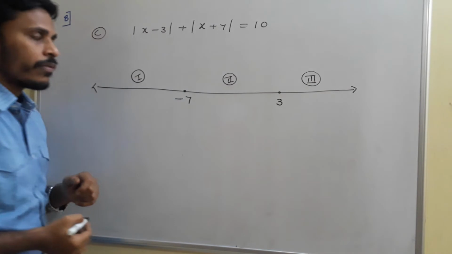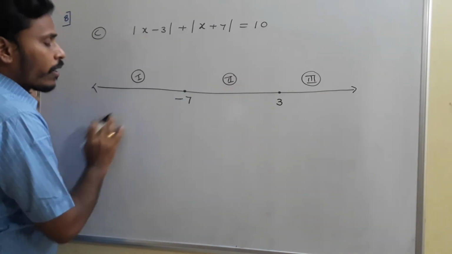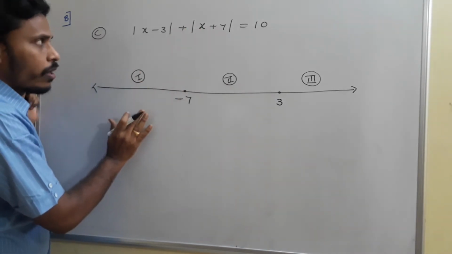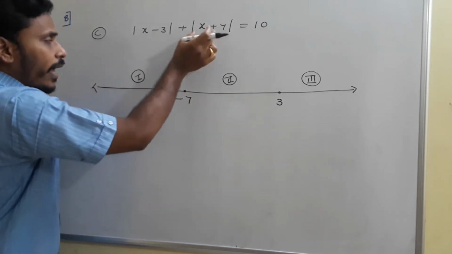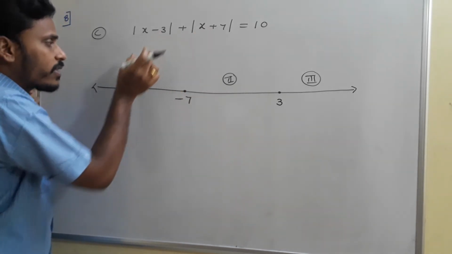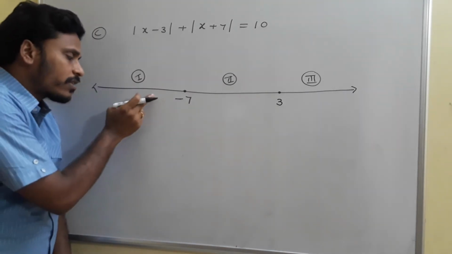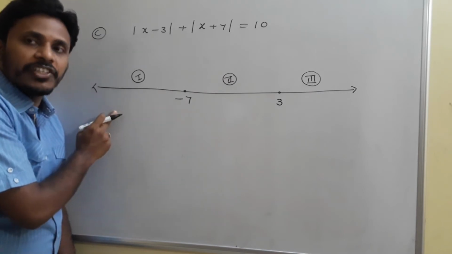As we discussed in the last class, in this region, the value corresponding to x plus 7 is for sure negative. This is the left side region, and in this region x plus 7 is negative as well as x minus 3. If you have any confusion, just take a number less than minus 7, say minus 10.